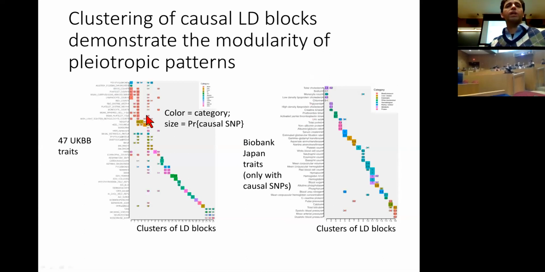But basically, it says that if I cluster these blocks according to their phenotypic association, they are biologically consistent. If you look at the years of education or college or any of that, you find that they are associated with these clusters here, and then they ultimately have an effect on the central nervous system, CNS, over here in green, and so on and so forth.